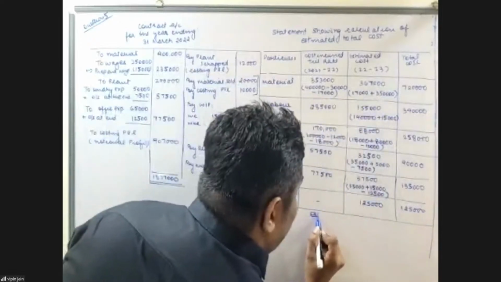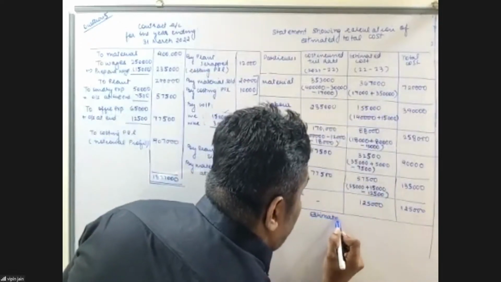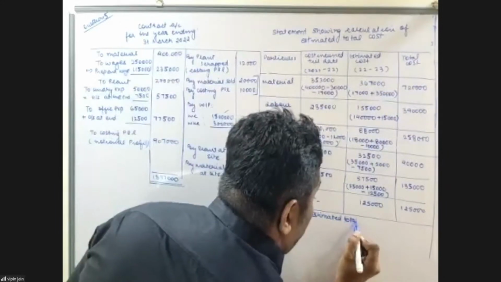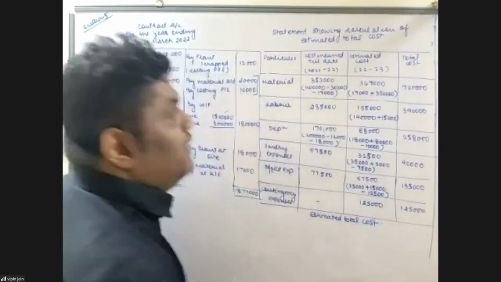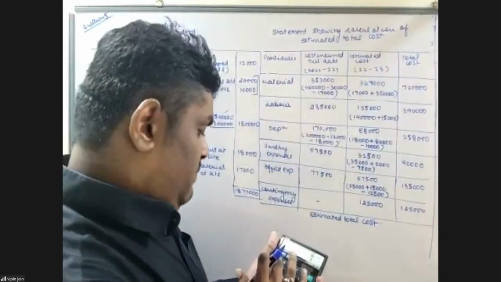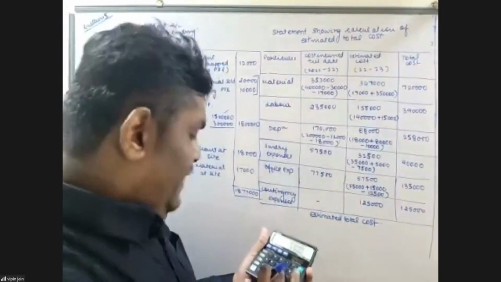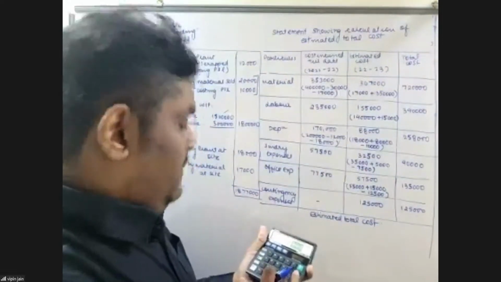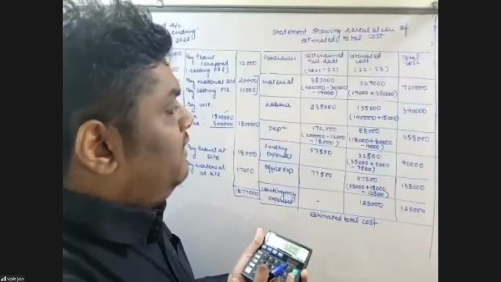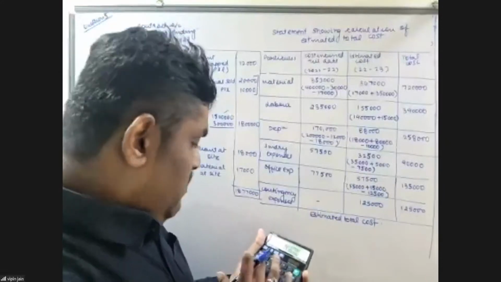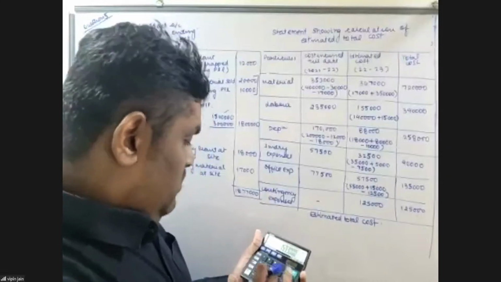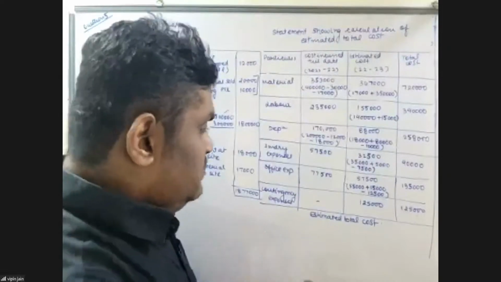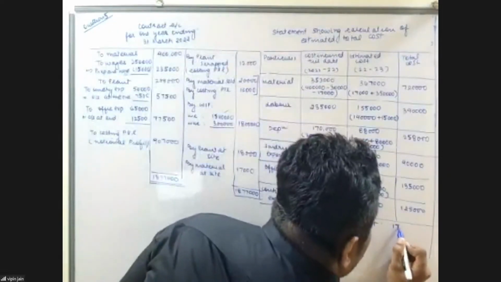So my estimated total cost will be 720 plus 390 plus 258 plus 90 plus 135 plus 125. So 17,18,000.